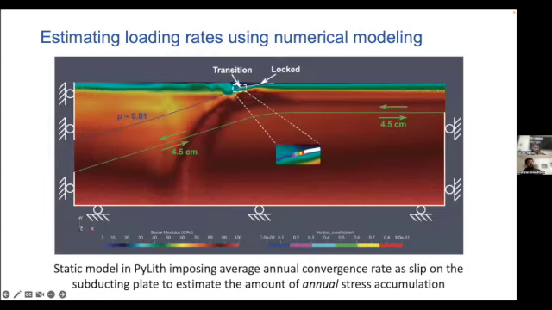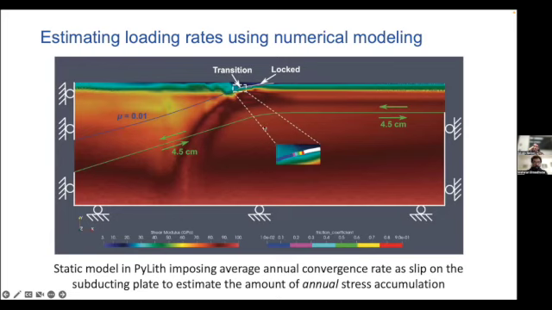The other way in which we can get at this is through numerical modeling, because we know the relative plate velocity in this region, and we have very good geometries and seismic velocity models from reflection seismic surveys and so on. So we took all this information and ran a finite element modeling pilot to see what that looks like in terms of a stressing rate on the shallow plate interface during inter-SSE locking.